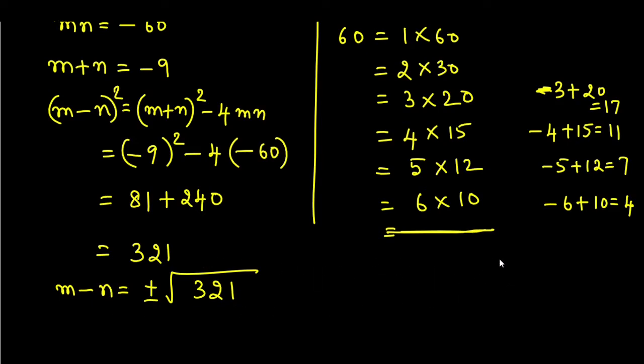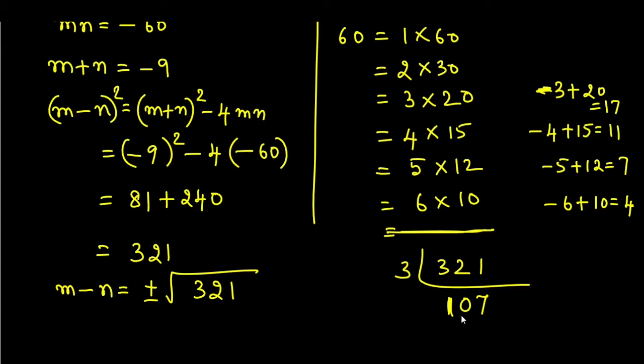Let us use the prime factorization method. 321 is not divisible by 2. The next prime number is 3, and it is divisible by 3. When we divide by 3, we get 107. 107 is not divisible by 5.